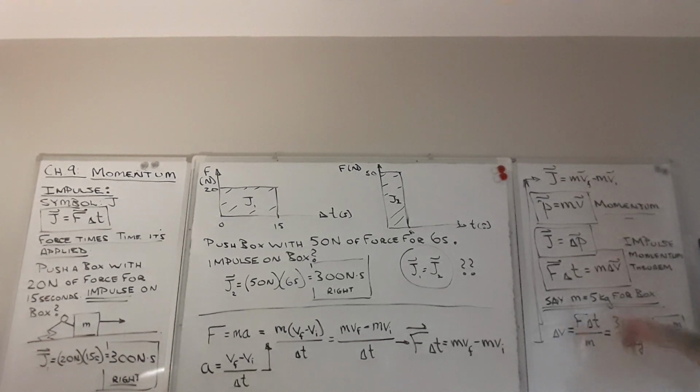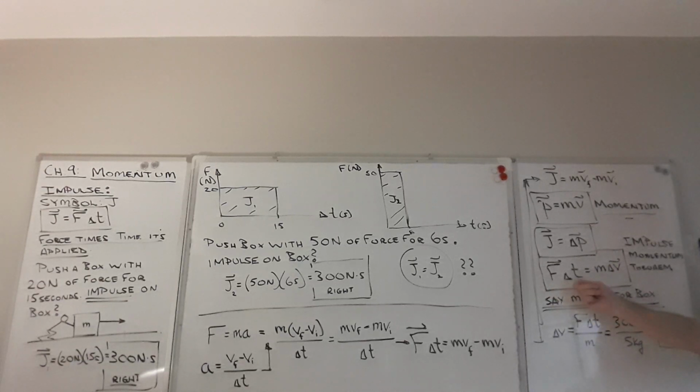So you can rewrite the impulse equation as the impulse is equal to the change in momentum of an object. Because change in momentum is going to be the final momentum minus the initial momentum.